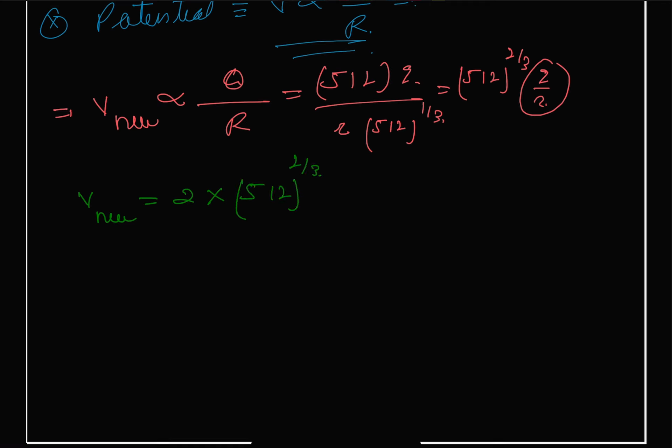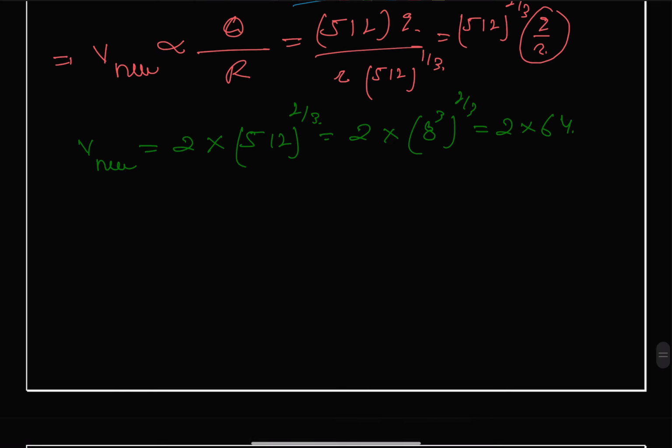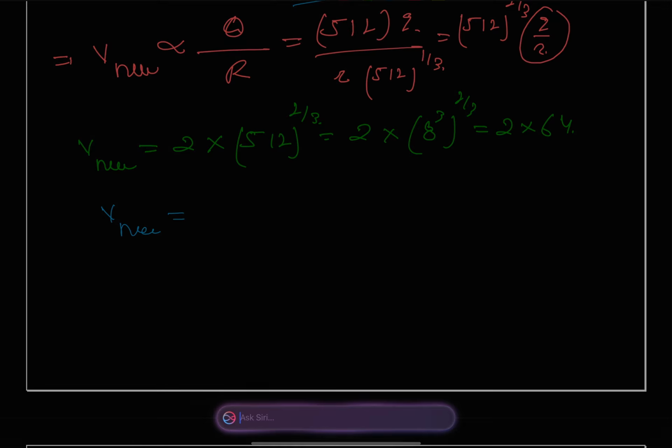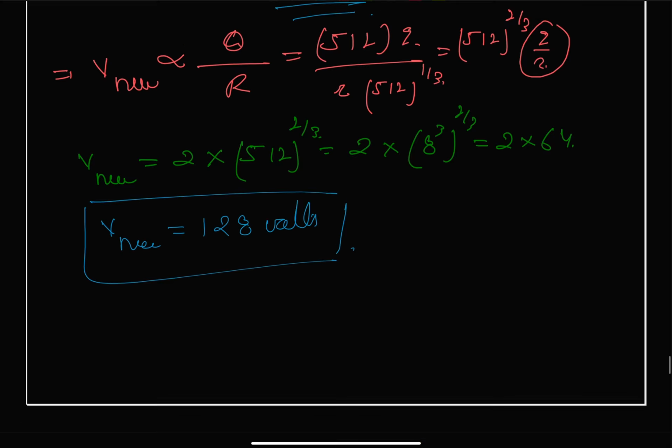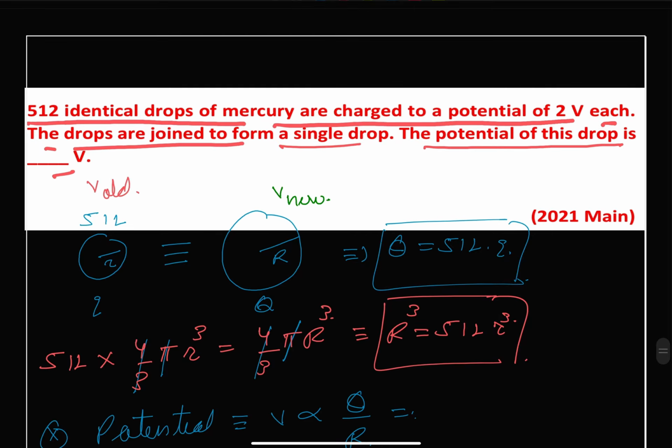And we can write this as 8 raised to power 3, so this is 8 cubed to the power 2 by 3, giving us 8 squared, 64. So this comes as 2 times 64. So we get our new potential will be equal to 128 volts.